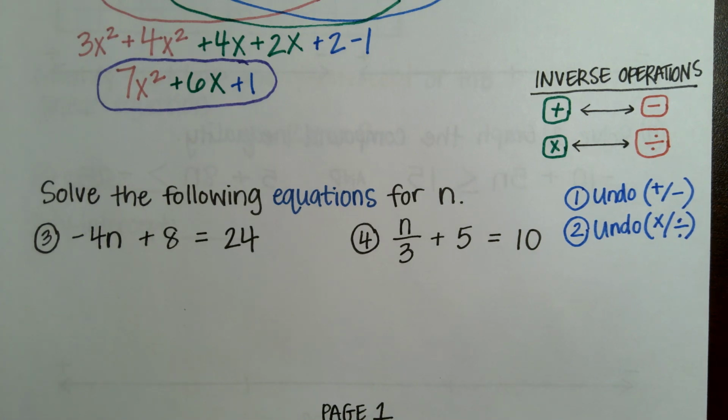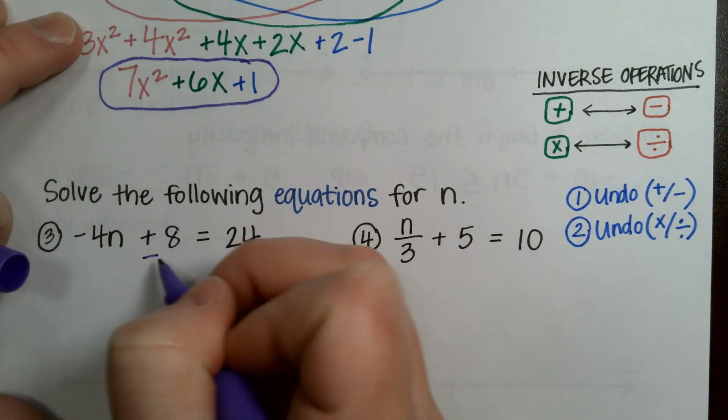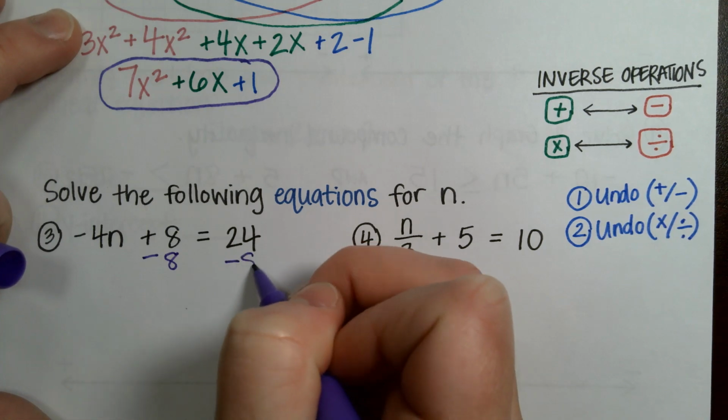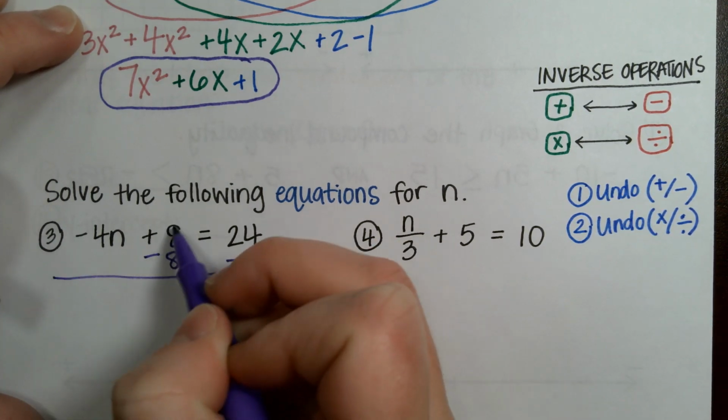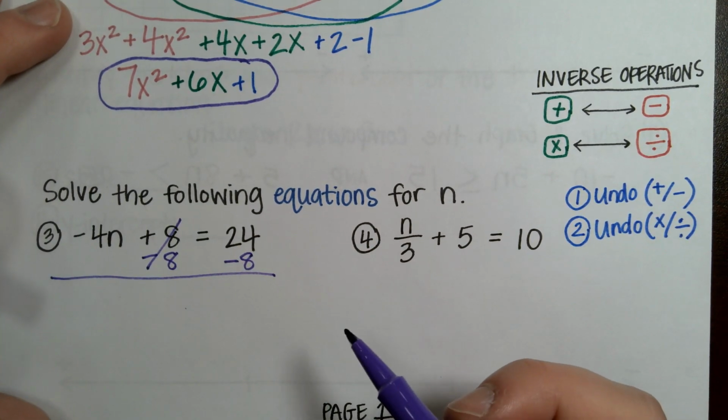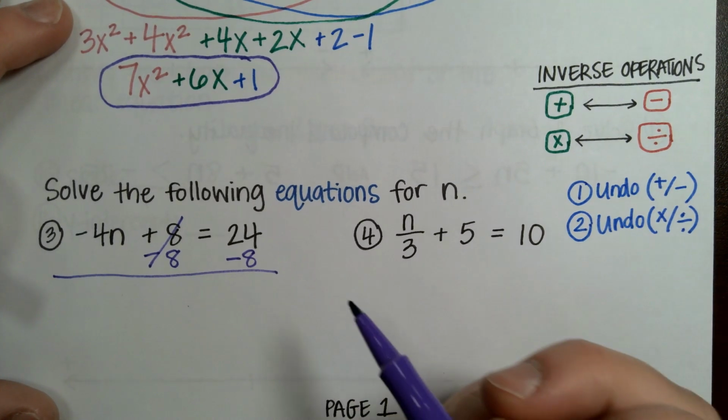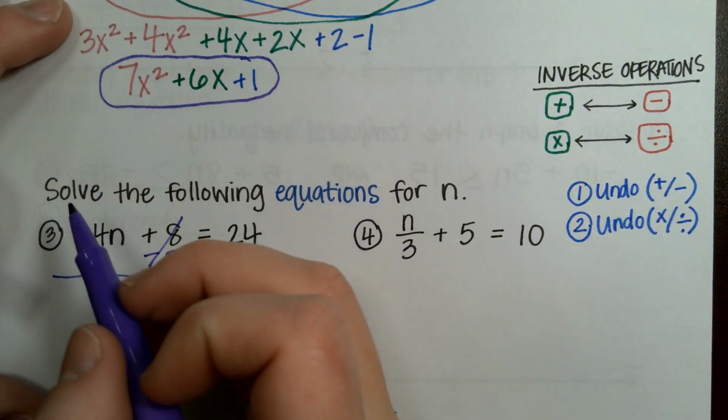What should we do first for this problem? Subtract 8. Yes, I want to subtract 8 from both sides. My 8s will cancel. And what should I do next? Good.